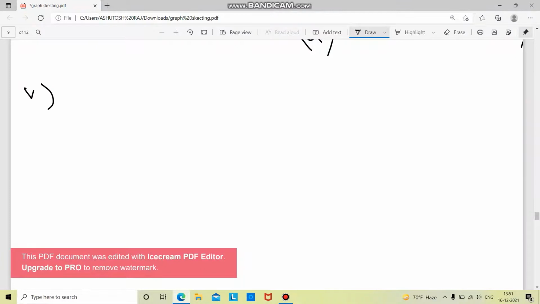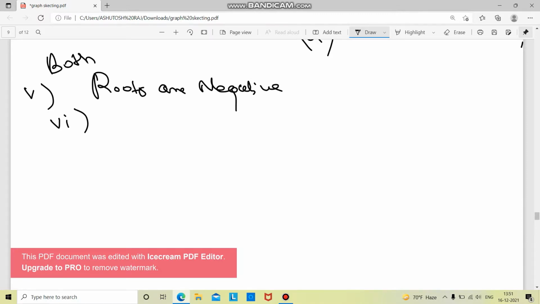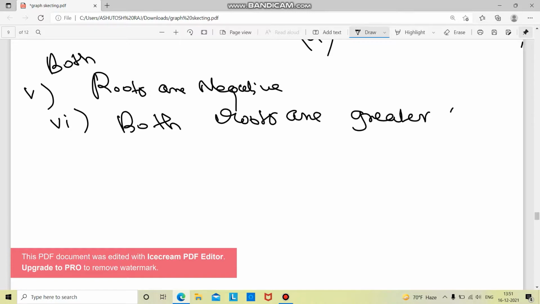Fifth question: both roots are negative. Sixth question: both roots are greater than 3. Seventh: one lies in between both the roots.